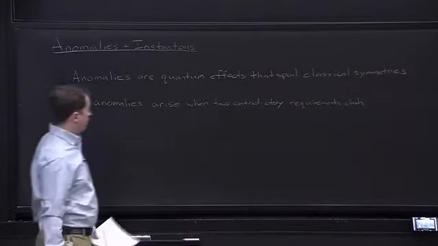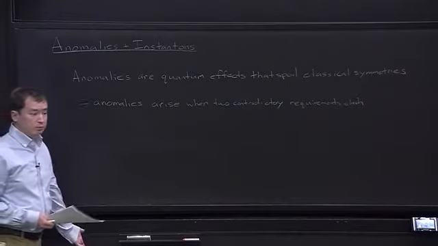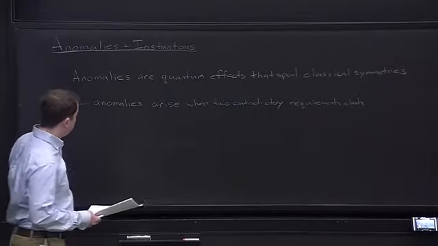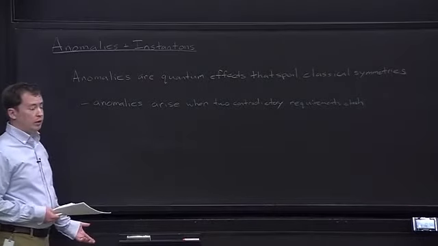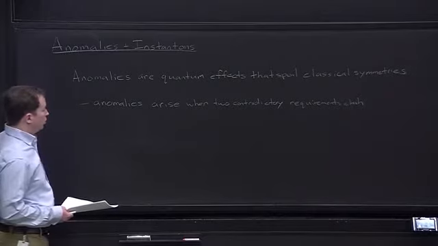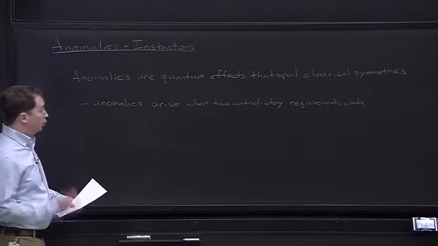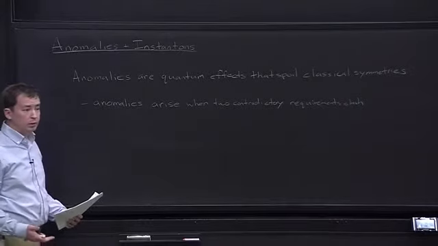So, for example, in 2D massless QED, classically there are two symmetries, vector and axial symmetry. Quantum mechanically, it's impossible to maintain both of those symmetries, and we have to choose one.